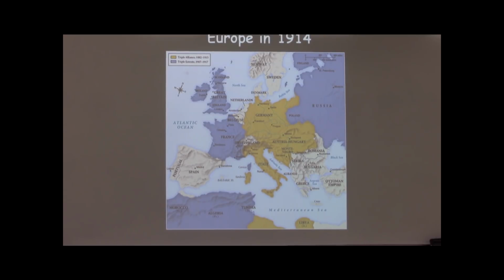This is what Europe looks like in 1914, divided by the alliance system. You can see that the blue lands are part of the Triple Entente, and the yellowish lands are part of the Triple Alliance.